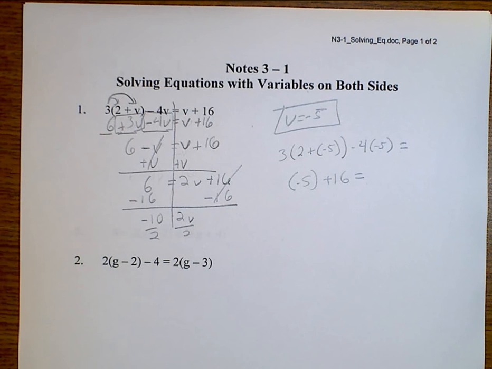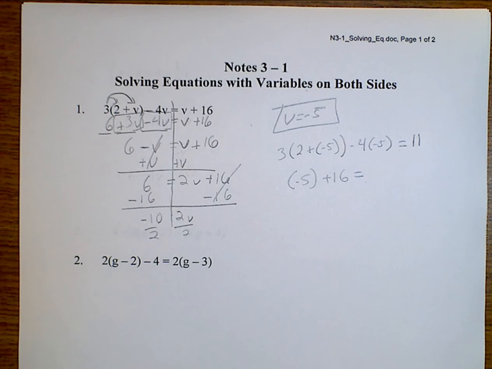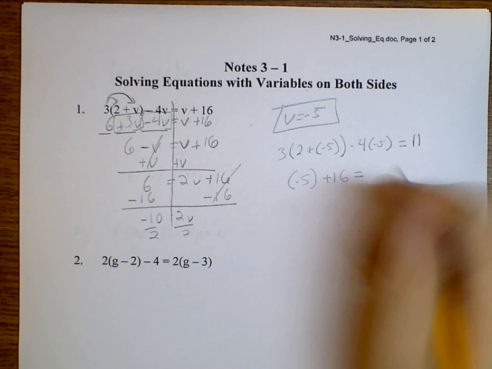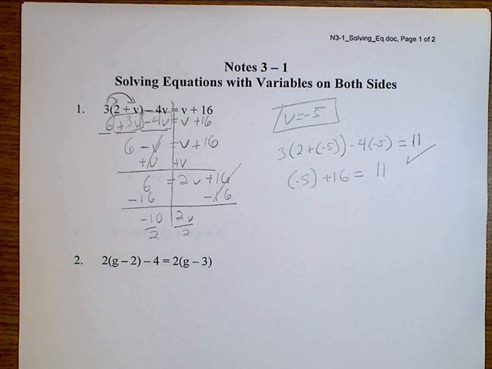The reason for that is that it helps me to make sure that I'm not making any mistakes. And so when I put these into the calculator, exactly the way that I see them, the first one gives me 11. And the second one also gives me 11. Because they're the same, that means I got the answer right.